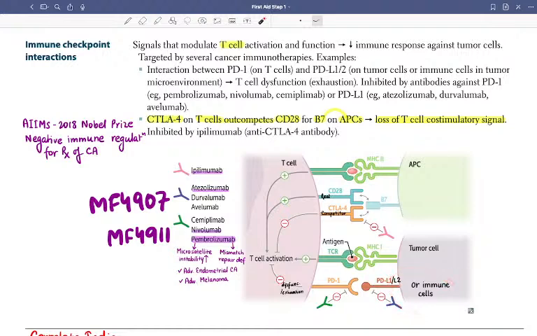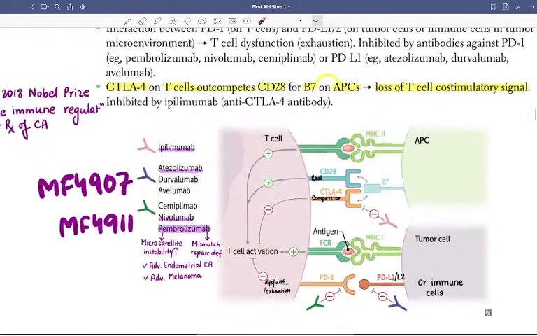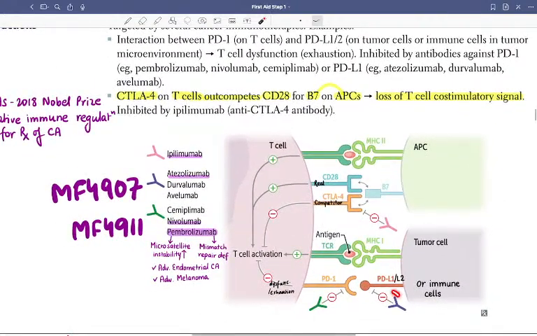So what happens is, this is the APC, antigen presenting cell, and this is the T cell. On the T cell you have PD1 and on the APC you have PD-L1, L2. And in the microenvironment, all this is done.